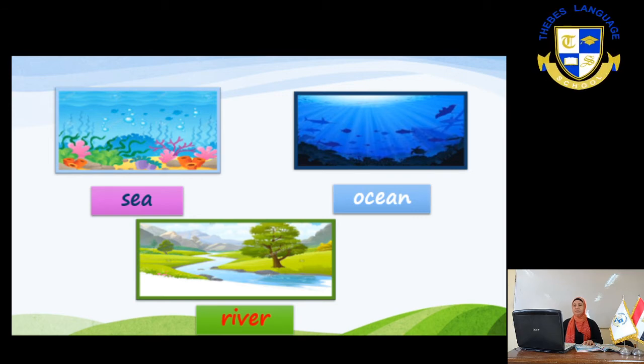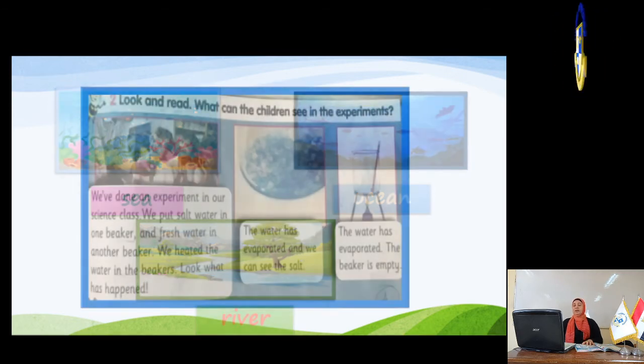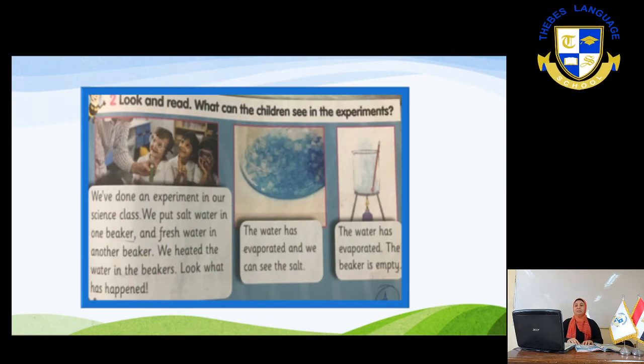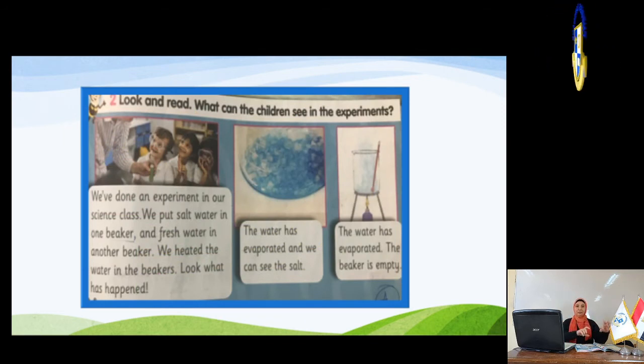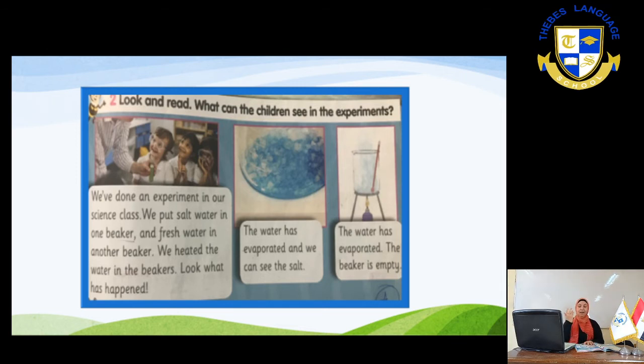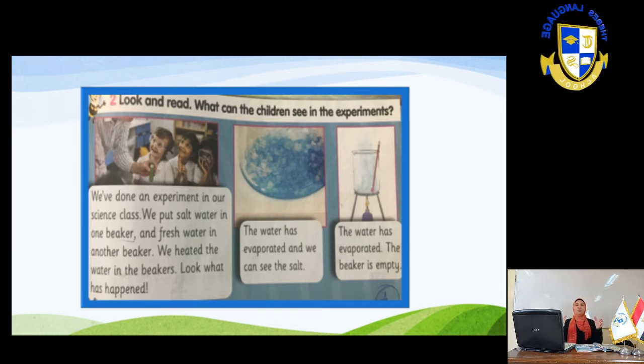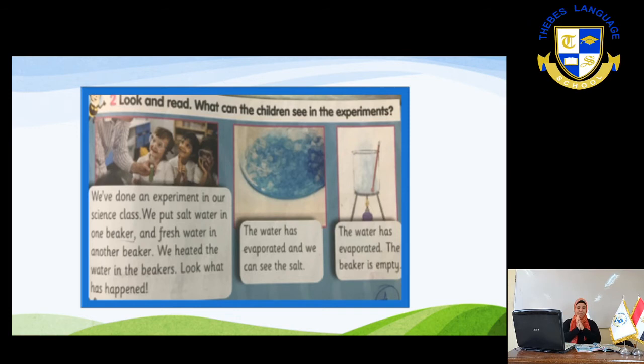The next slide, slide 32. We have an experiment. An experiment means something you do in your laboratory at school, and you will see how we can separate the salt from the water. We put salt water in a beaker, as shown in the picture in front of you.